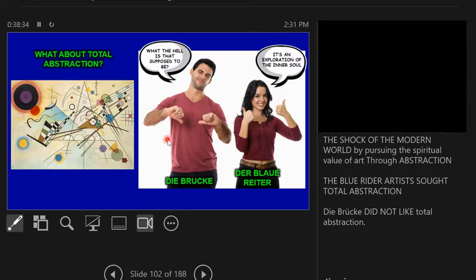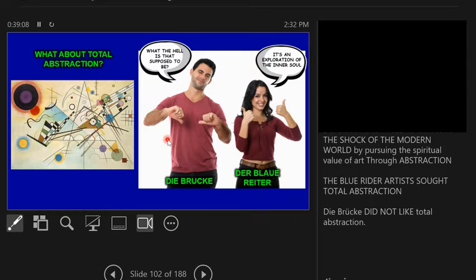So then we get to the idea of what about total abstraction? When I say total abstraction, I'm also talking about non-objective. That means there's nothing in that painting that you can point to and say, that's a dog, that's a tree, that's a hill, right? It's just colors and shapes and lines. So Die Brücke, they still want to point at things that are wrong with society, so you have to put that in the picture.